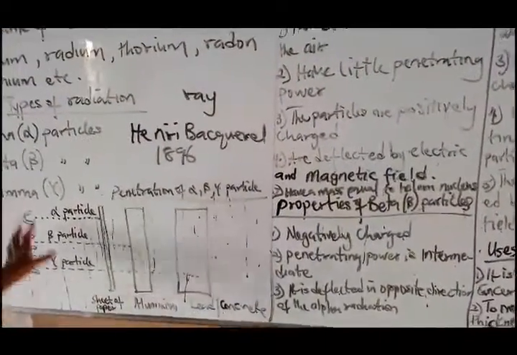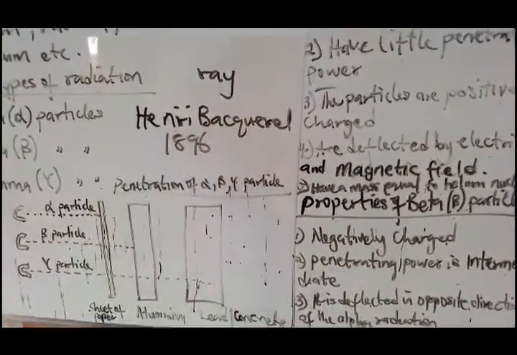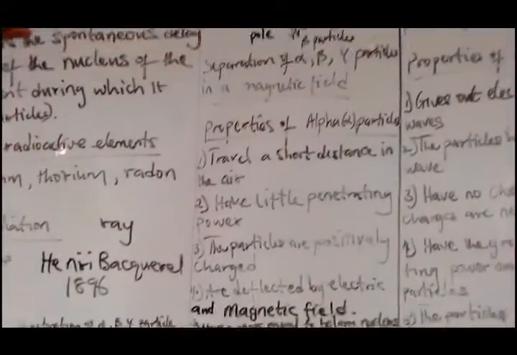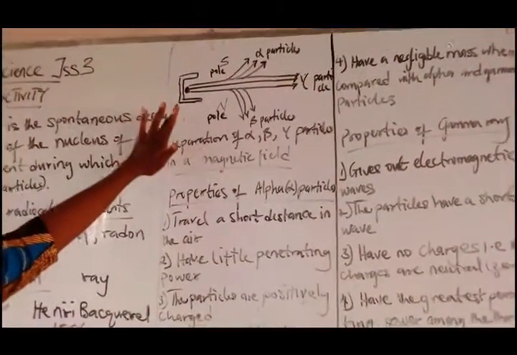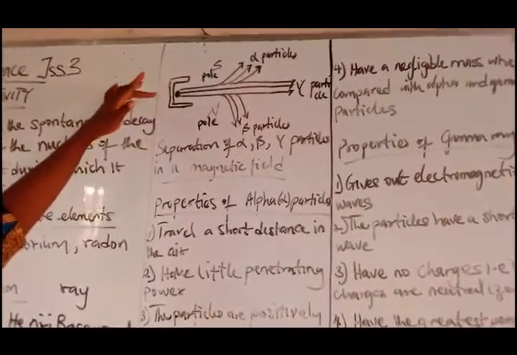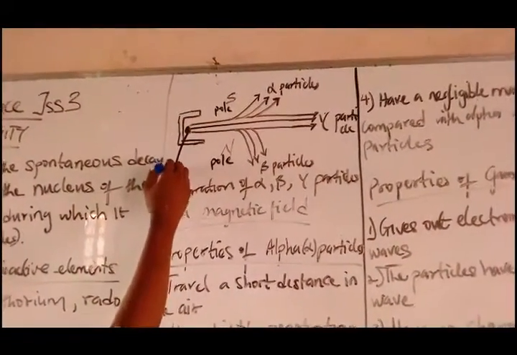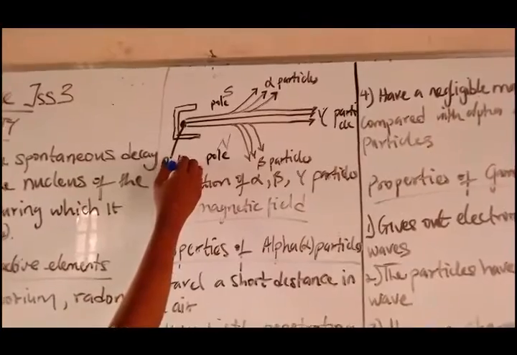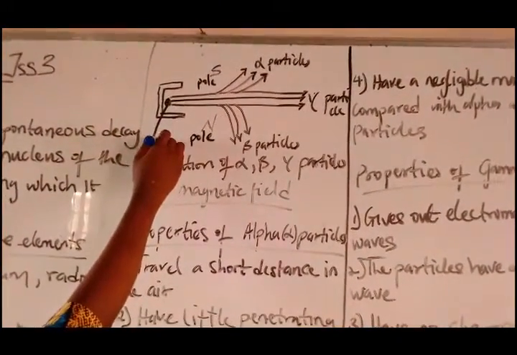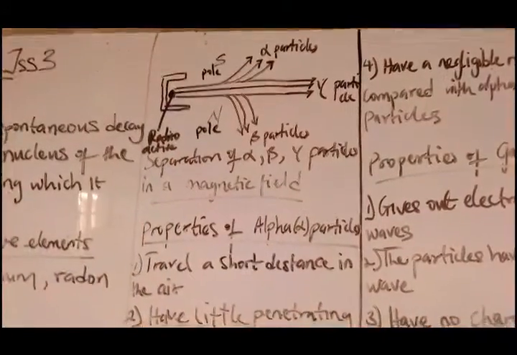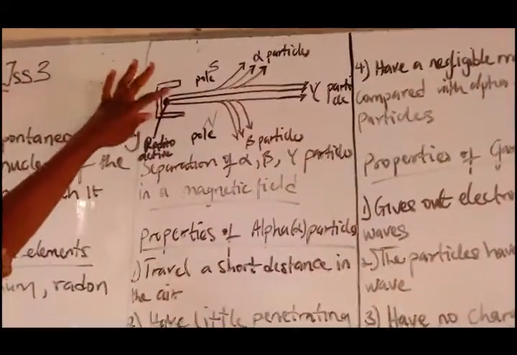Then when you place this radiation in a magnetic field or electric field, there is always a deflection. Look at it here. This is a radioactive element placed in a magnetic field. This is a magnet.